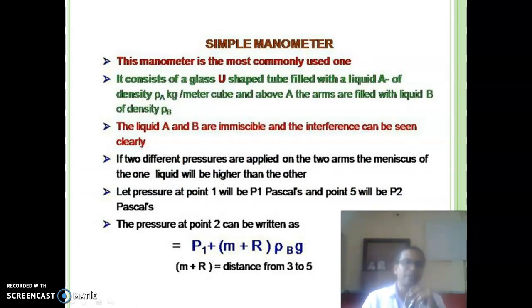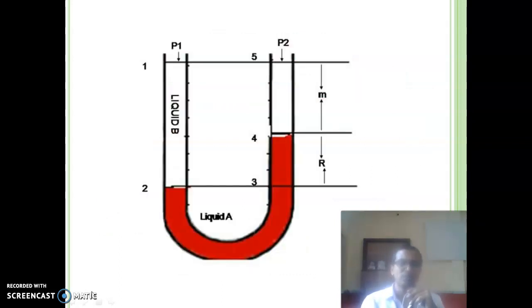Now, simple manometer. The construction of this manometer is very simple, and this is the most commonly used one. It consists of a glass U-shaped tube. So you can observe this tube.